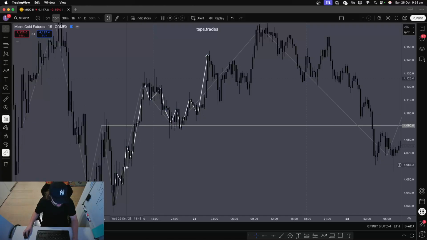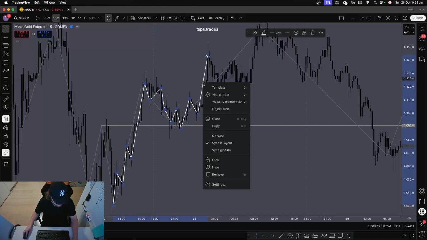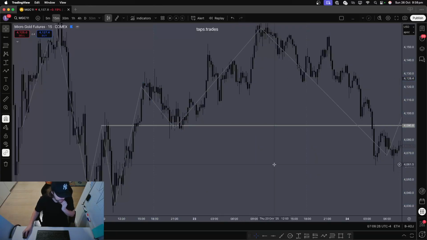We know that on the external structure, I'll just hide this for the moment, we've created an indication. This is more of a break and retest, but you sort of get the idea here. I'll show you another example as well, but we'll just work with this one for the time being.